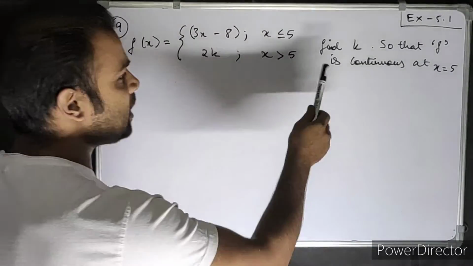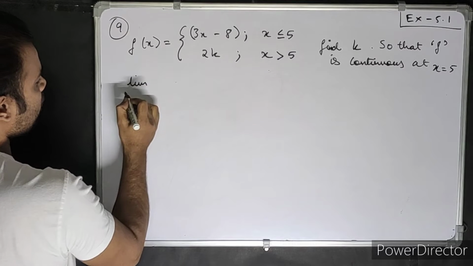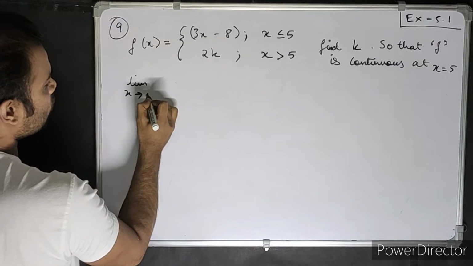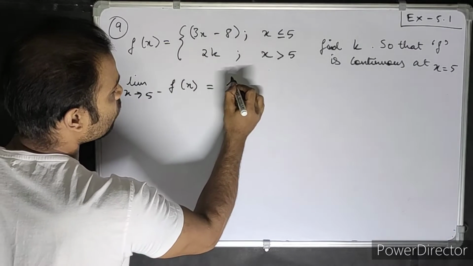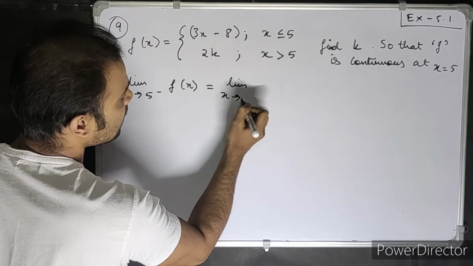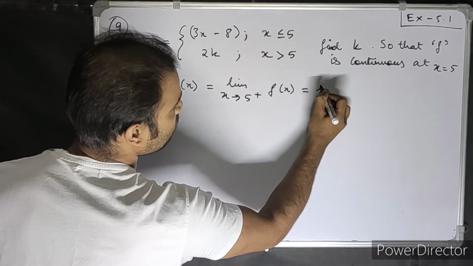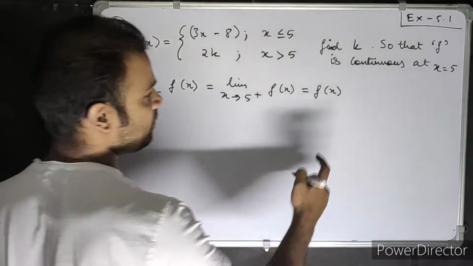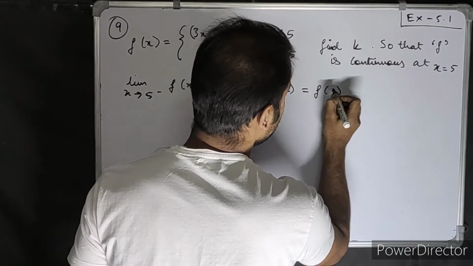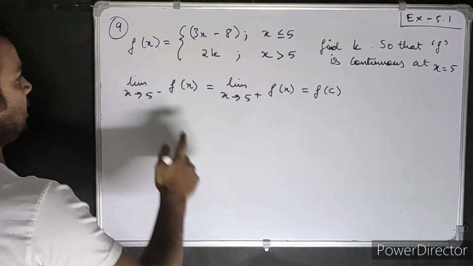So if the function is continuous, you know what is the rule? That means limit of x tends to 5 negative, f of x is equal to limit of x tends to 5 positive, f of x is equal to f of c, the value that you are going to put in place of x.